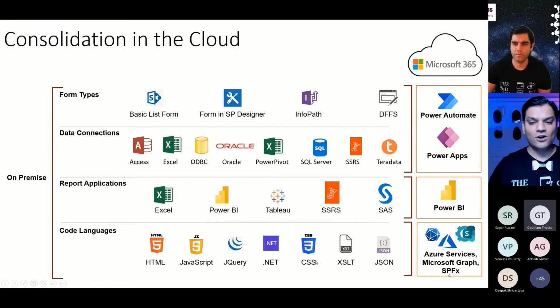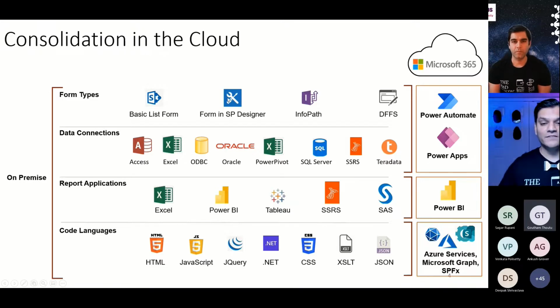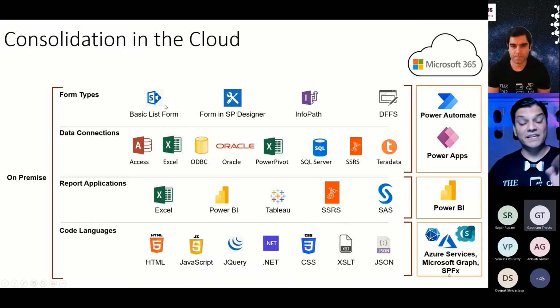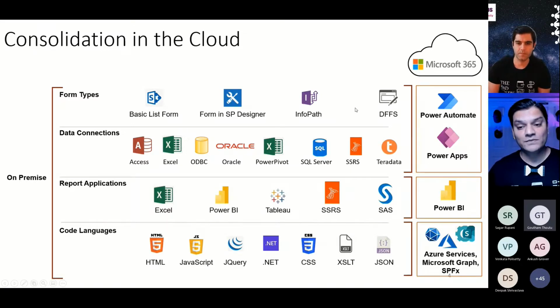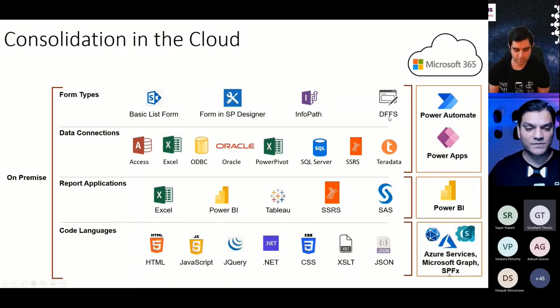From forms, you have these different iterations that we've had, from the basic list form in SharePoint Designer, InfoPath forms, dynamic forms, DFFS form system integrations and styles, all these connections, all these reporting pieces.